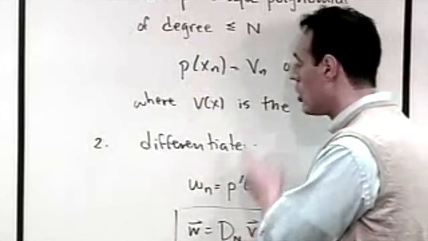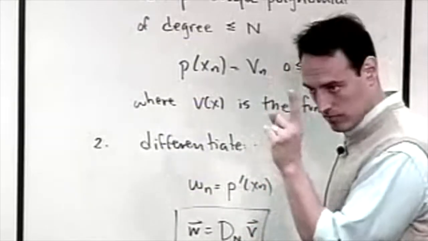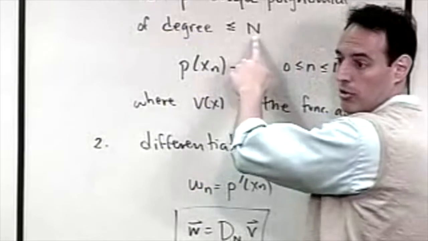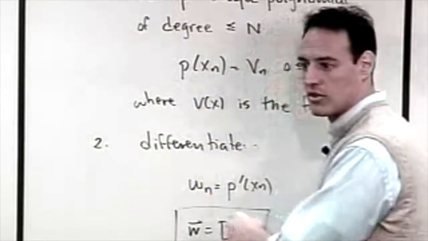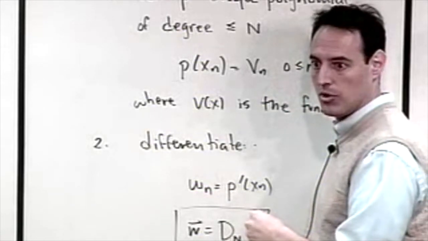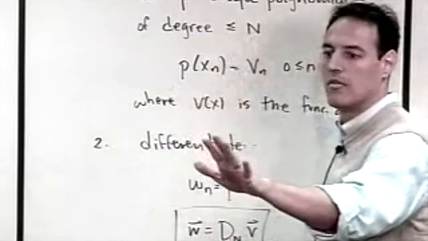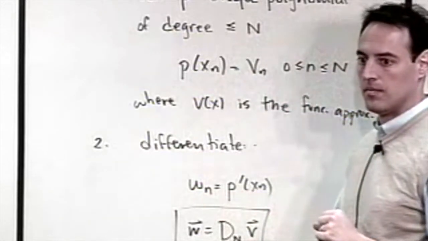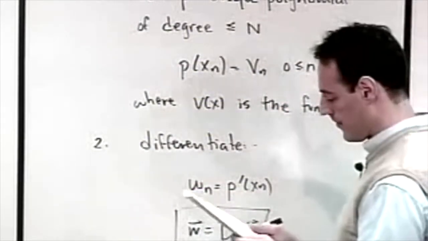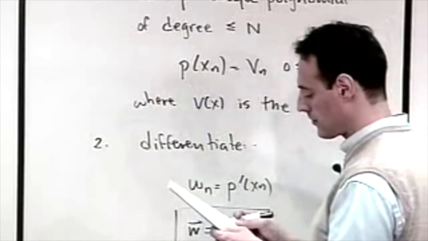Now notice, you give me the degree of polynomial you want to work with, in other words, the spatial discretization, and you can construct this D_n. So what you need is an algorithm saying, I want 50 points. That's my D_n. Okay? That's what I'm going to give you on Monday.